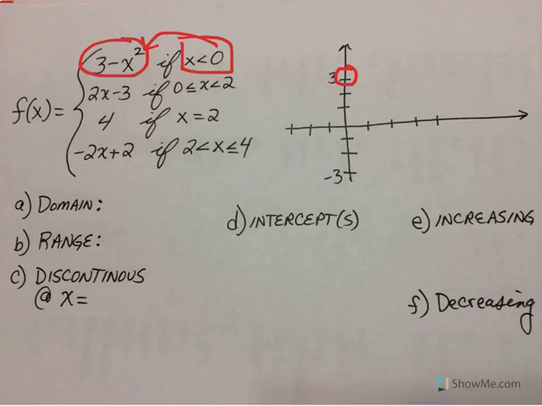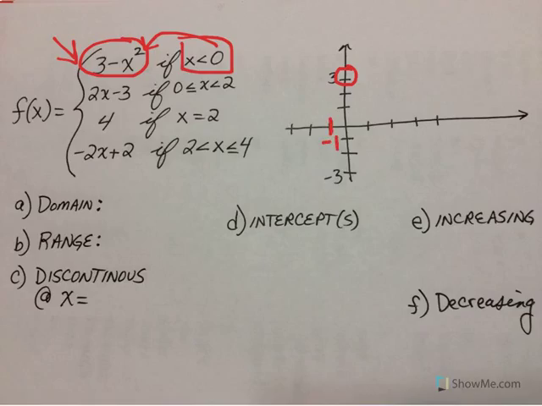Now, I know that that looks like a parabola, and it's a sad face because the coefficient of x squared is negative, so it's going to be sad. But I'm only going to graph that to the left of 0. Okay? Now if I want to, I can plug in, isn't negative 1 less than 0? Yes, it is.